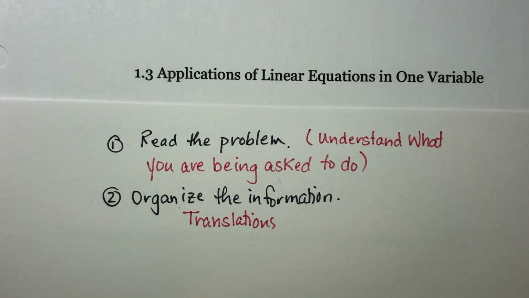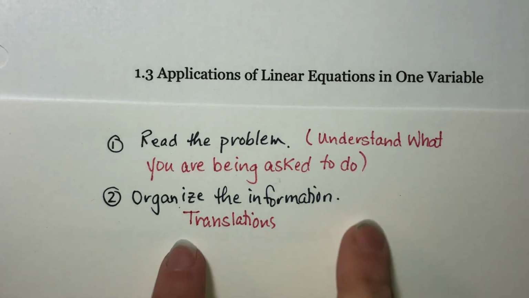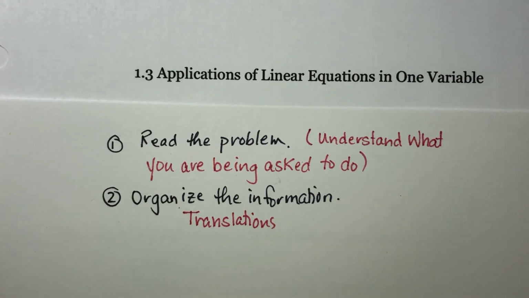So we're going to be talking about translations a lot. Think of these as regular languages. Think of math as a language, and we're going to do a translation from math to English and sometimes English to math. We're going to start breaking down what it is we think we're going to need to get this thing solved. And we're just going to break it up. It's going to be different for a bunch of different types of problems.